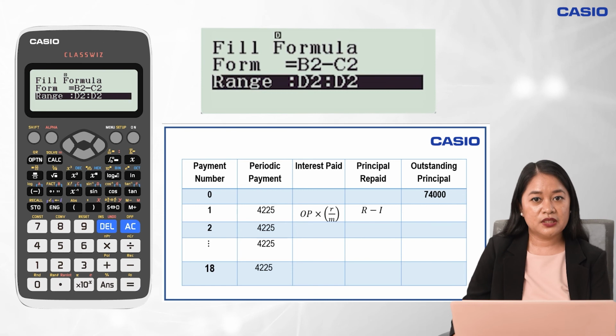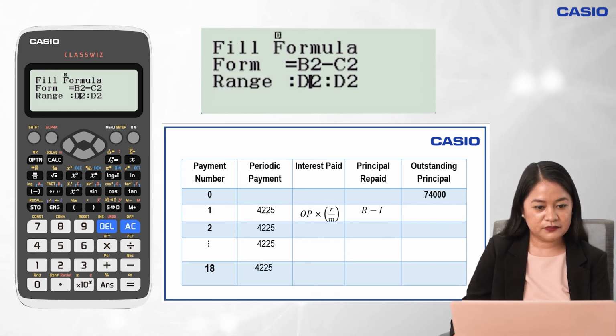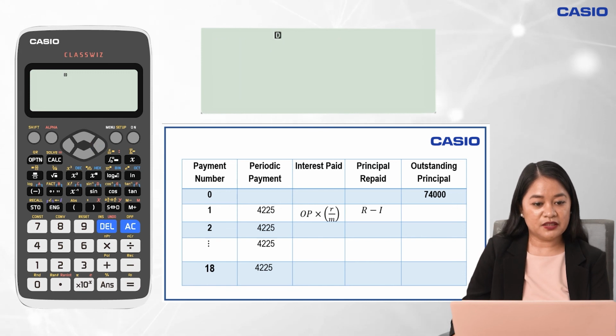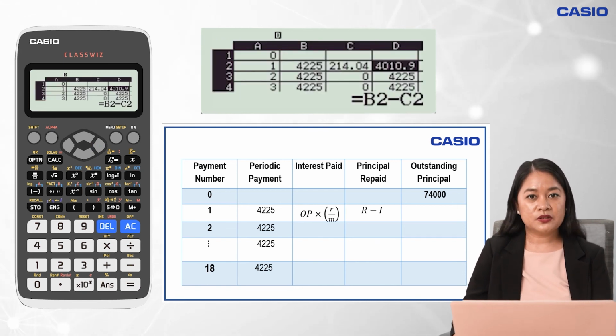For the range, that is from D2 to D19. Then we press the equal button twice. Observe that the values after D2 are the same, but eventually, this will be changed as we complete the table.